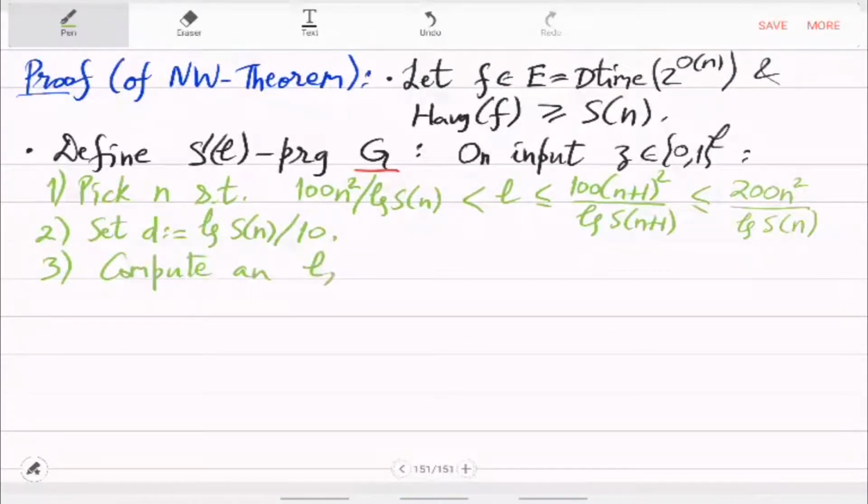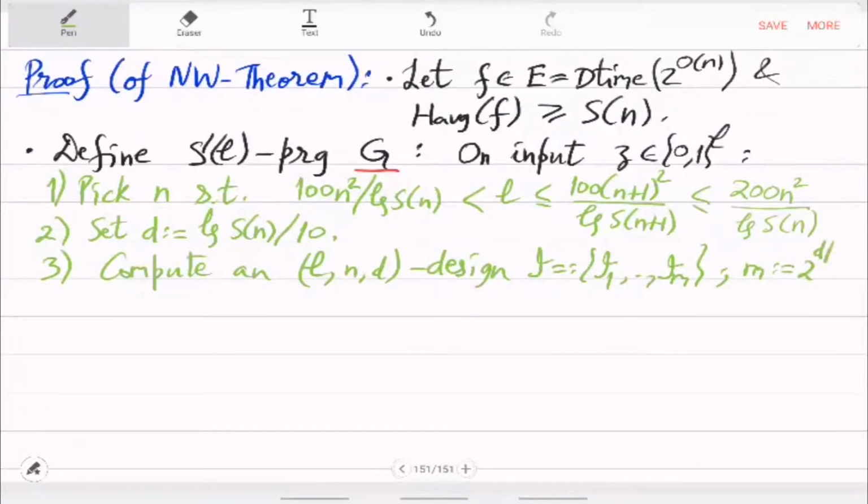So compute an L and D design. M you can take to be 2 raised to D by 10.